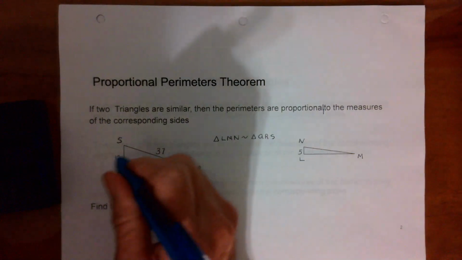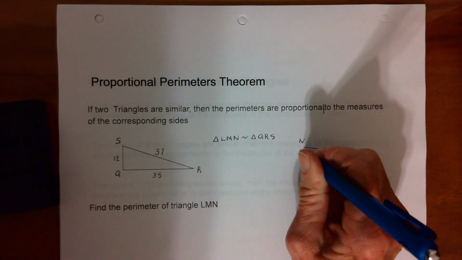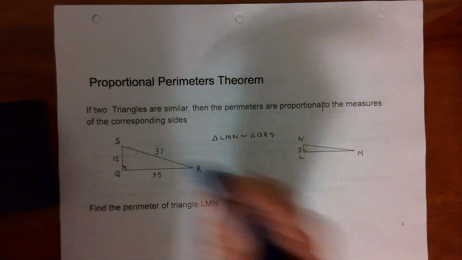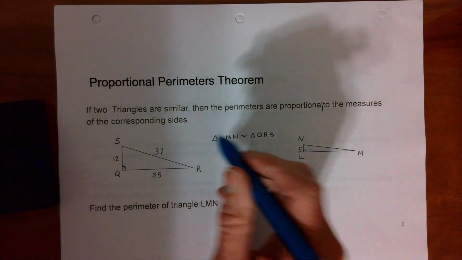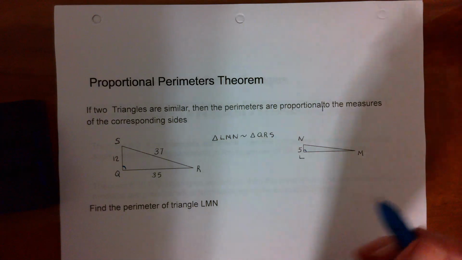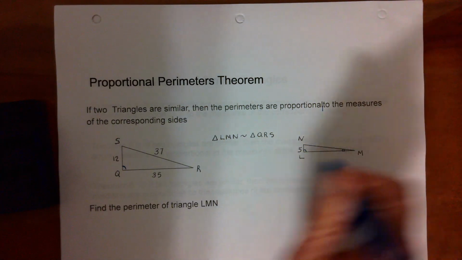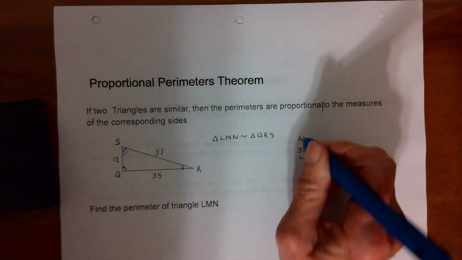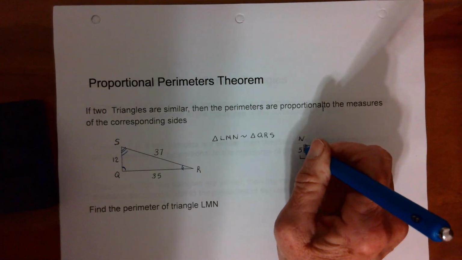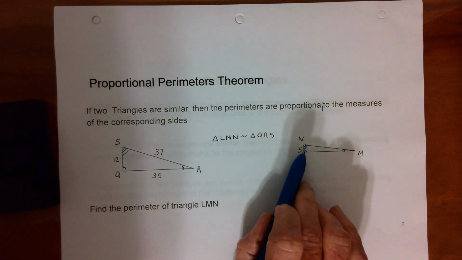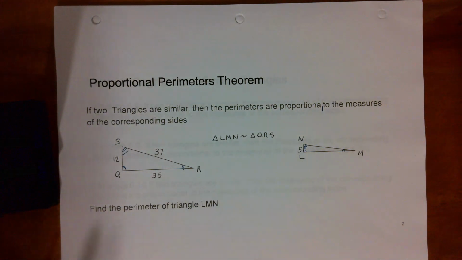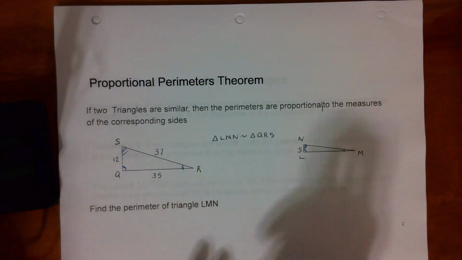Well, L would be congruent to the Q, and M would be congruent to the R, and then S would be congruent to the N. Okay, so if you look at it, I know the measure on both of them between the 1 and the 3 arcs. So I'm going to set up my proportion problem.